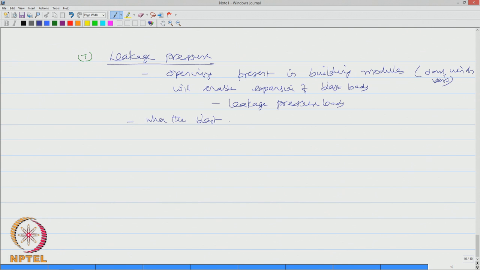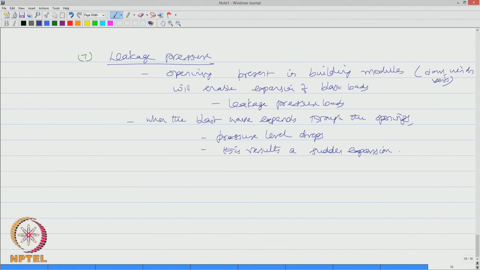When the blast wave expands through the openings, pressure level drops. This results in a sudden expansion inside the confined space of the building module.